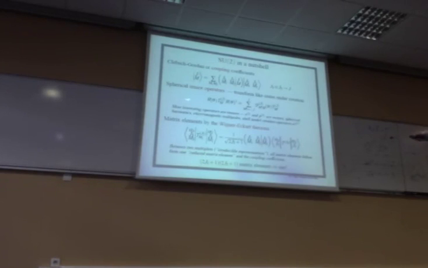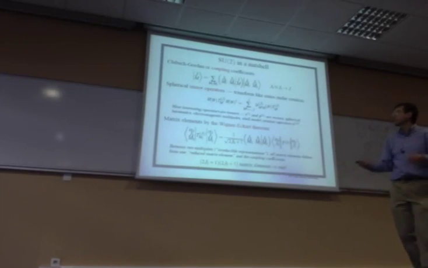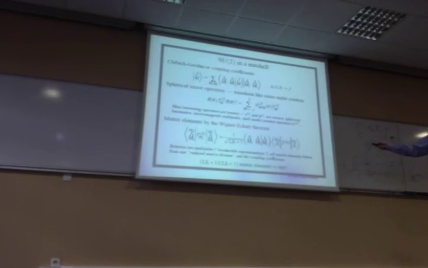Now, on the other hand, we have spherical tensor operators. The way you recognize a spherical tensor operator is that under rotation, and remember that to rotate an operator, you sandwich it in your rotation operator, the new operator you get by rotation is a linear combination of others.